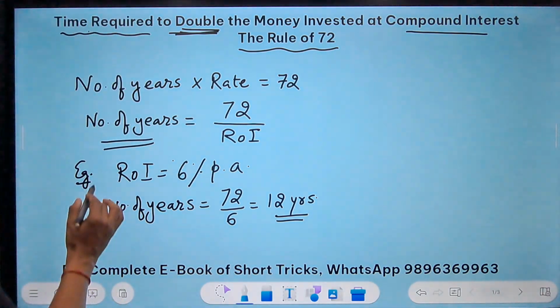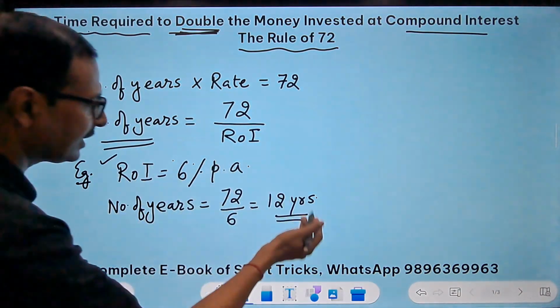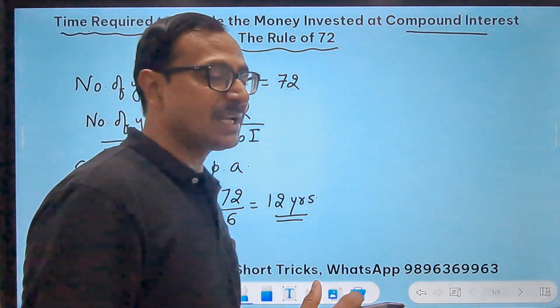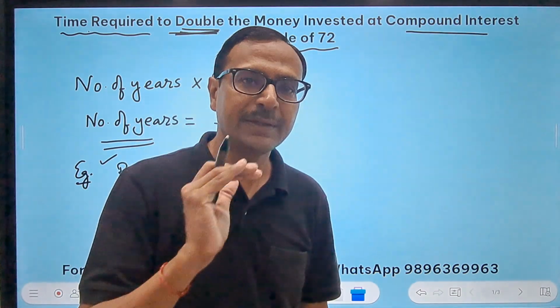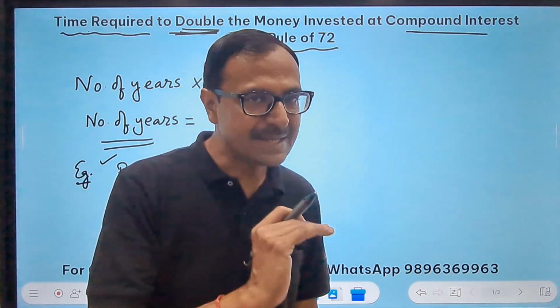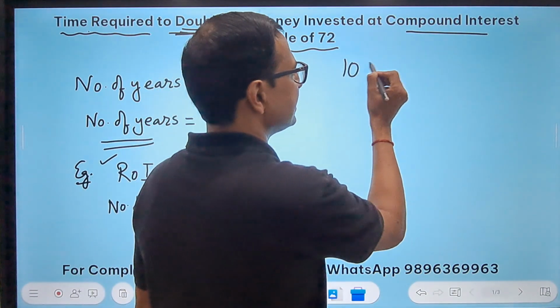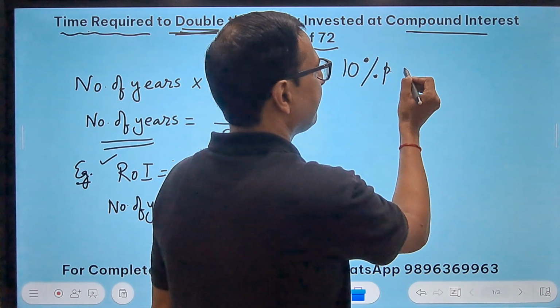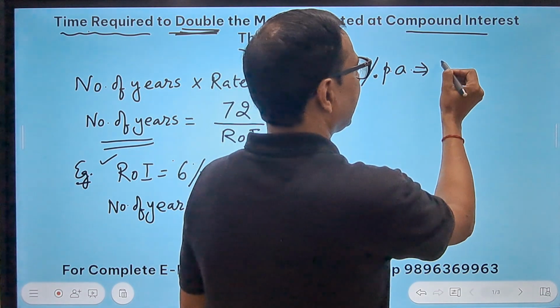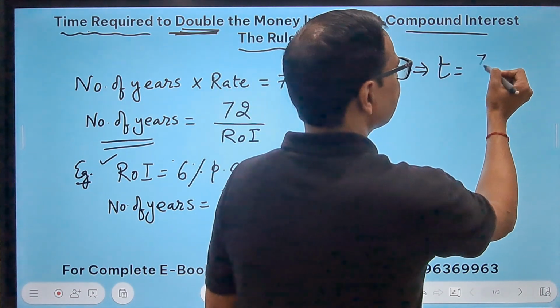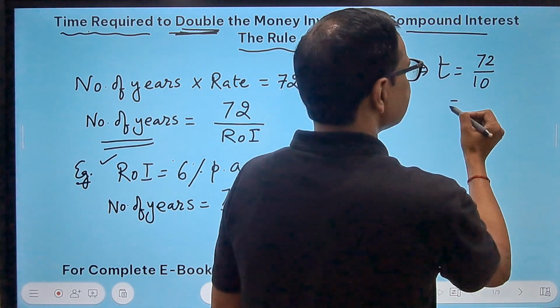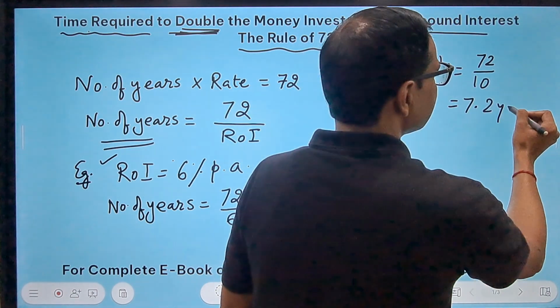Now if I keep on changing the ROI, I'll get a new answer, and obviously when the rate of interest is more, the time will be lesser. That means if you get 10% per annum, the time required to double the money will be 72 upon 10, that is 7.2 years.